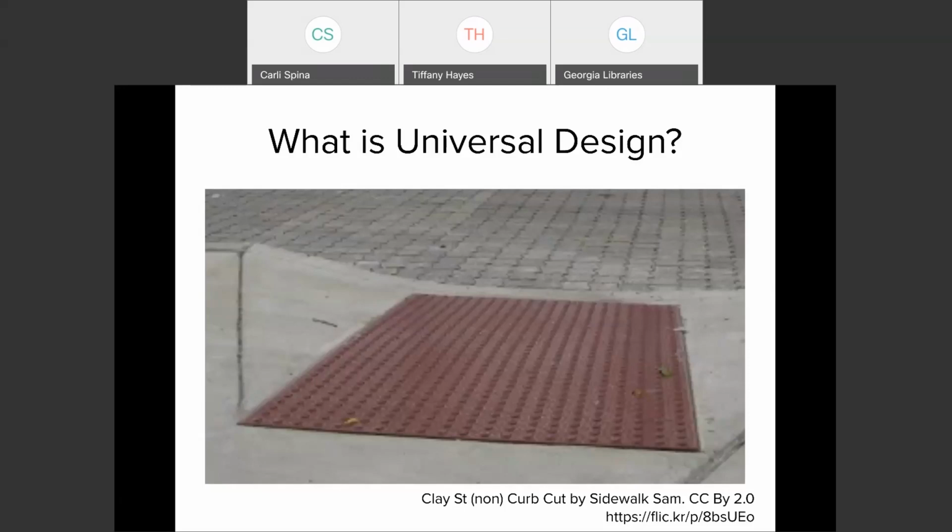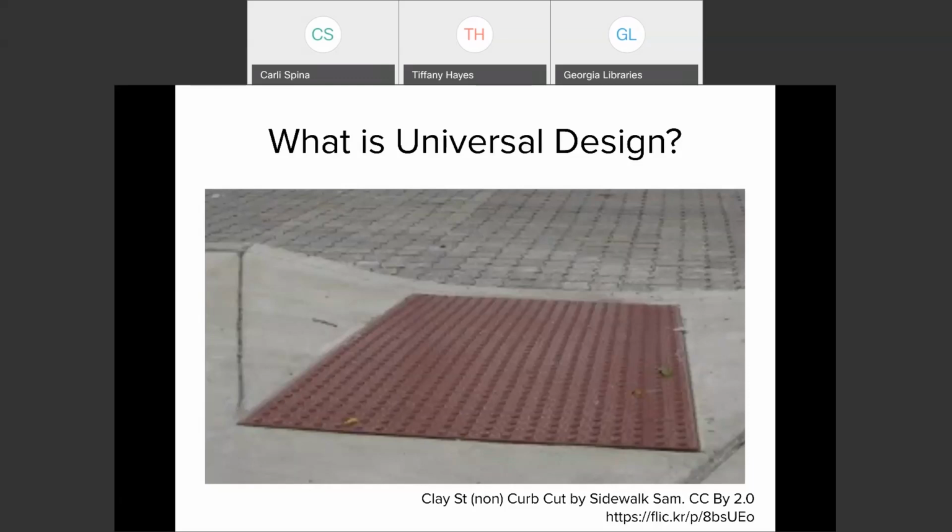Now, a second example of universal design that's in this picture is this textured sidewalk surface that you see here. So this can help a lot of different people as well. This surface is initially intended to allow people with visual impairments to more easily tell that they were coming to the edge of something. So whether that's the edge of a sidewalk, they're often put on public transportation and at train stations by the edge of the platform.